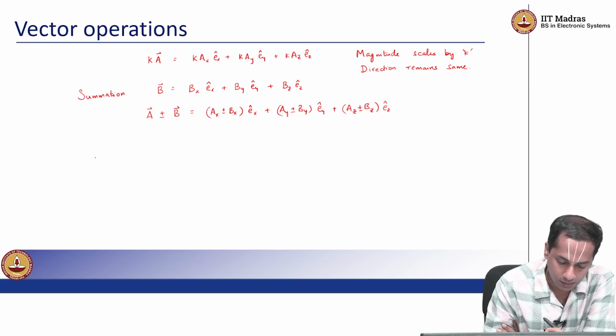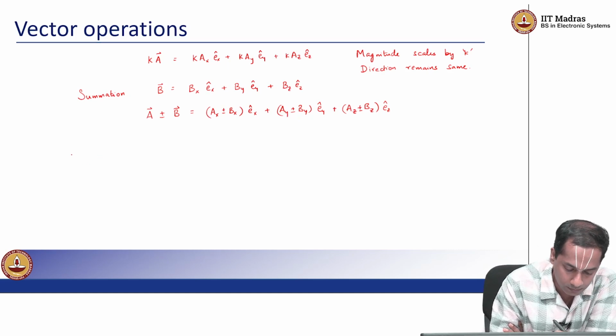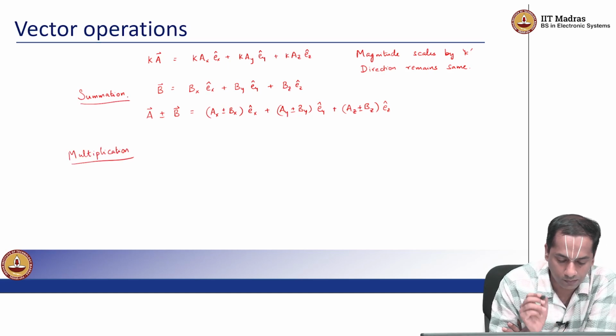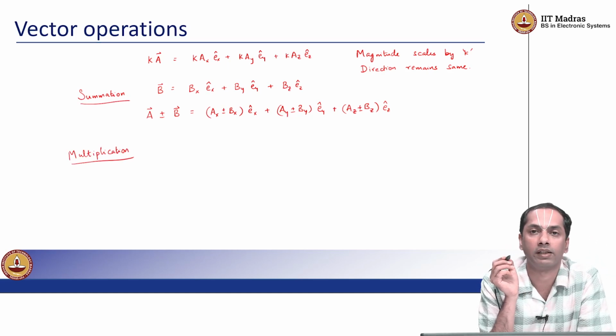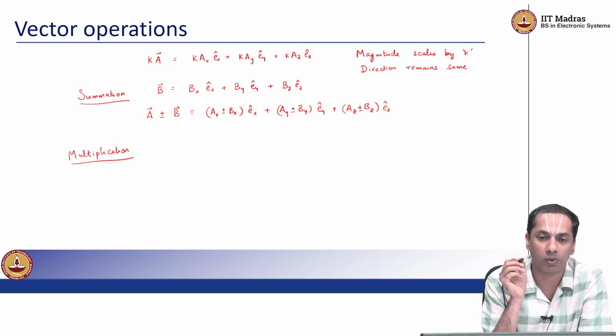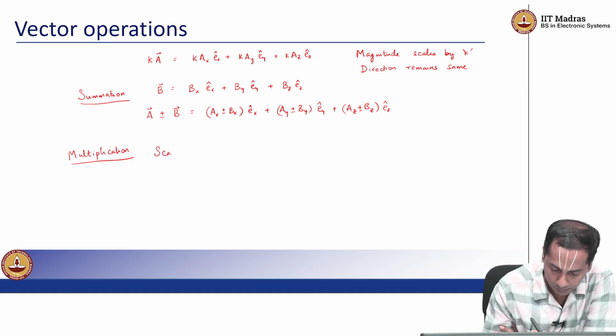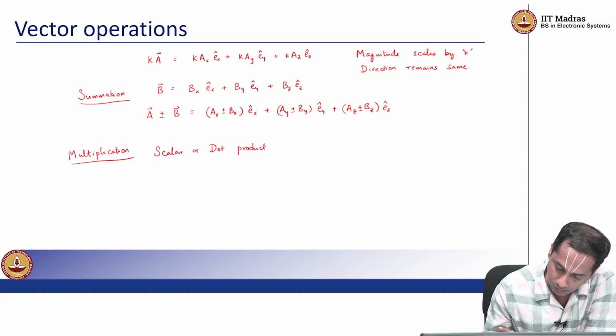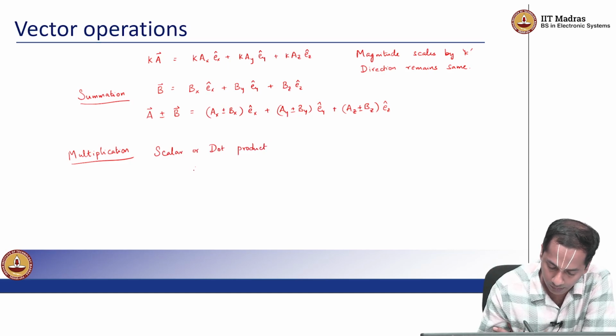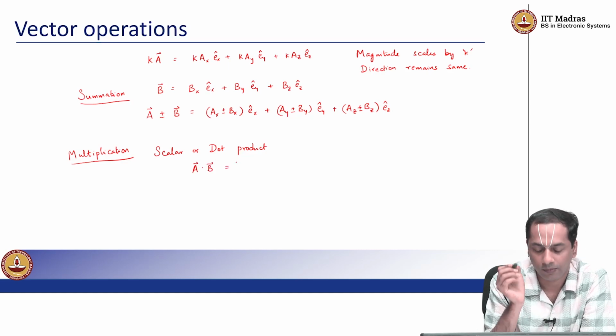Okay, then we have multiplication. And in here we have two varieties, right? One is the scalar or the dot product, which is represented as A dot B, right?